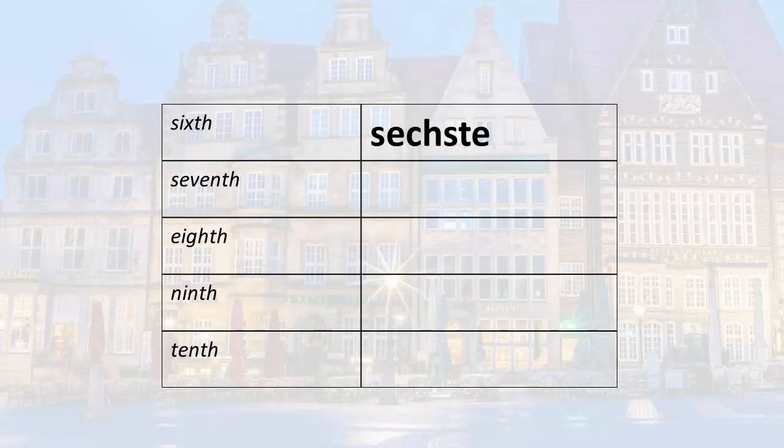Seventh is actually an exception, so you just have to remember siebte, memorize siebte. So notice instead of sieben, you just use part of the word, sieb. Eighth, the number 8, also an exception, achte.